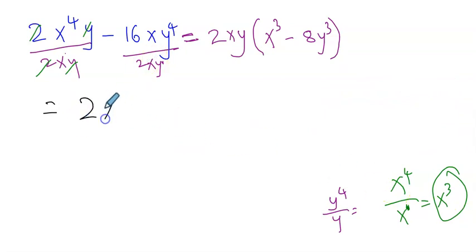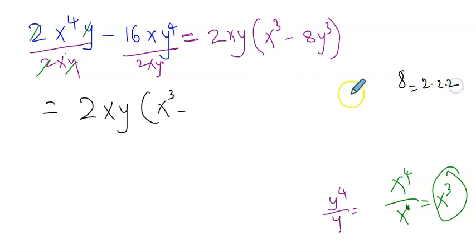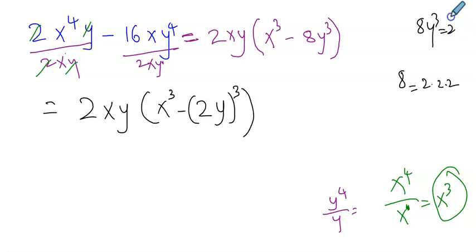Let's see. 2xy times x cube minus this 8y cube. 8 is, as I showed a minute ago, like 2 times 2 times 2, that is 2 to the 3rd power, and y to the 3rd power gives you 2y to the 3rd power, correct? 8y cube is 2 cube times y cube. Because those two exponents are same, I can take it like this, again using properties of exponents. This is what you have.